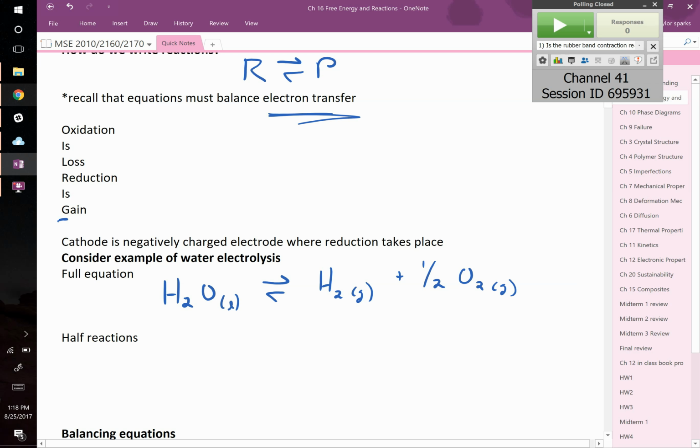Now, does anybody see where there's the exchange of electrons involved in here? Is it obvious? Maybe, how about this? Turn to a neighbor and identify which species has picked up an electron, which one has lost an electron.